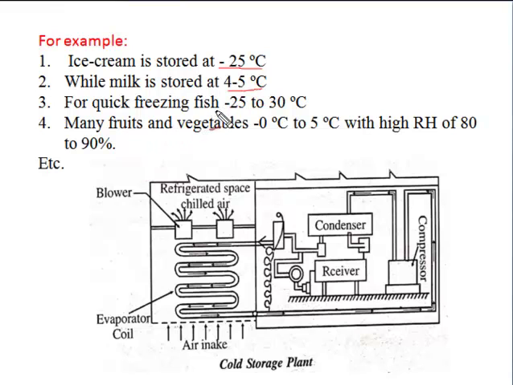Quick freezing of fish is at -25 to -30 degrees Celsius. Many fruits and vegetables are stored at 0 to 5 degrees Celsius with a high relative humidity of 80 to 90%, etc.